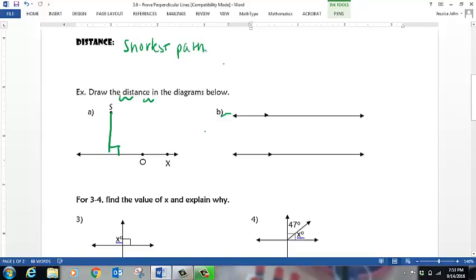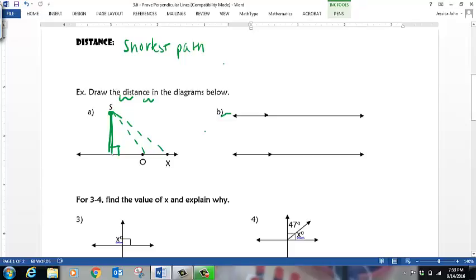Okay, so if we were to measure from S to O, that would obviously be longer than from point S straight down to that line. Same thing if we were to measure from S to X, like so, that would also be longer than the distance from point S straight down to line OX.